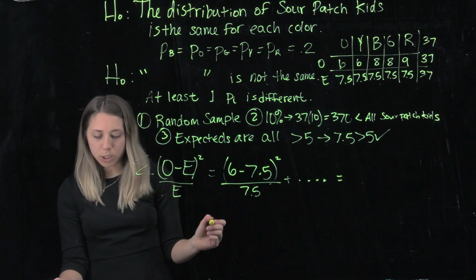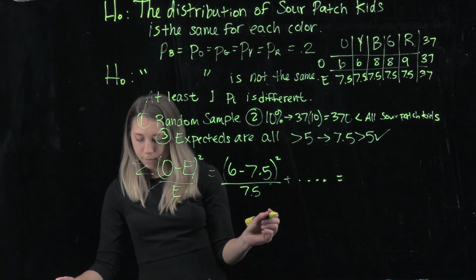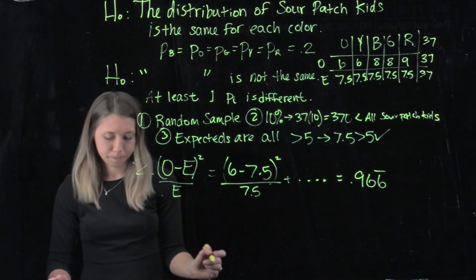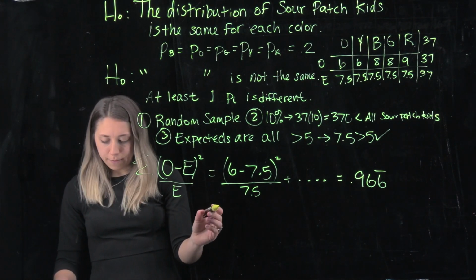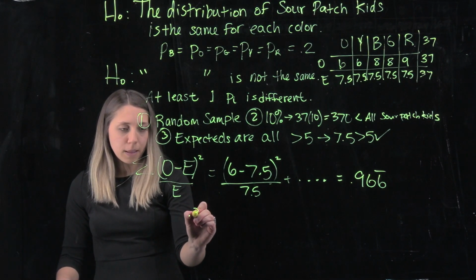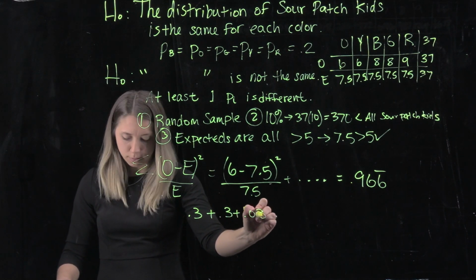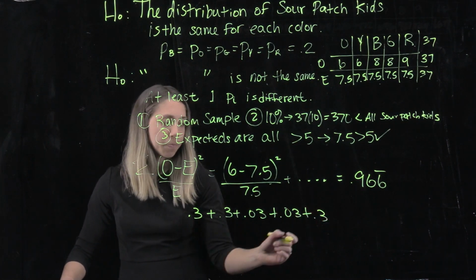And then if you were to do that, you get a total of 0.966 repeating. Each contributing value would be 0.3 plus 0.3 plus 0.03 plus 0.03 plus 0.3.